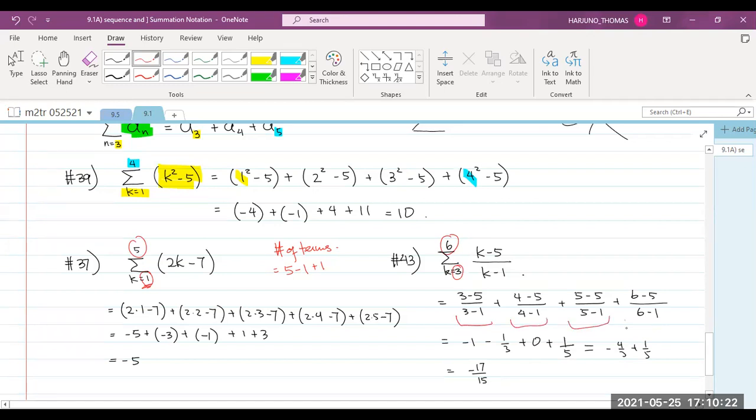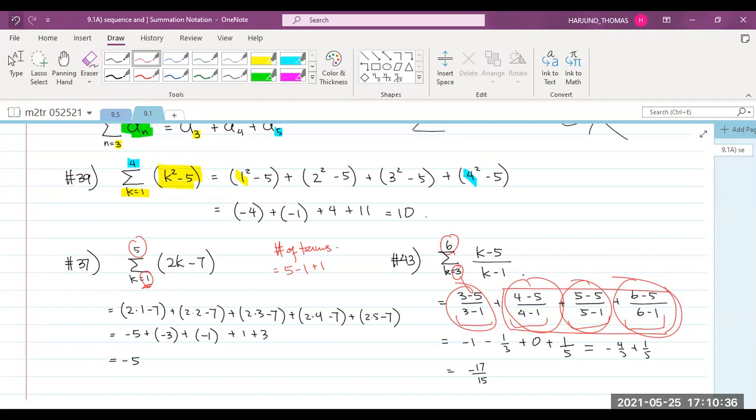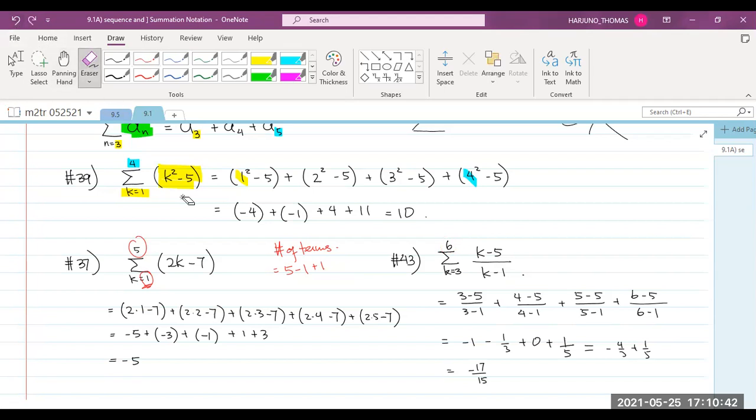Those 3 terms are the terms after term number 3. This is term number 3, and you have 3 terms after that. Now why is this information important? Because later on you will see some sneaky, cheesy questions like number 49.